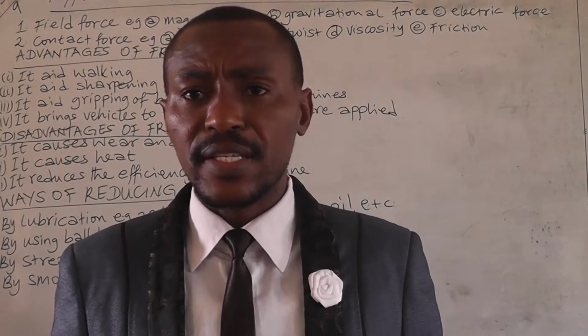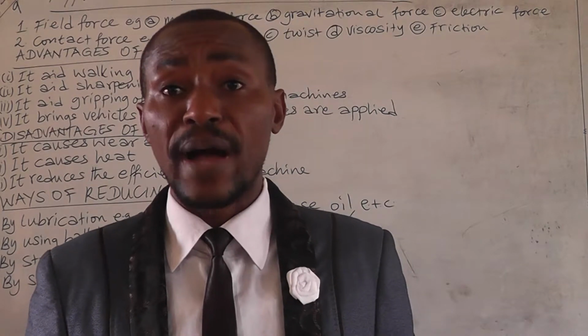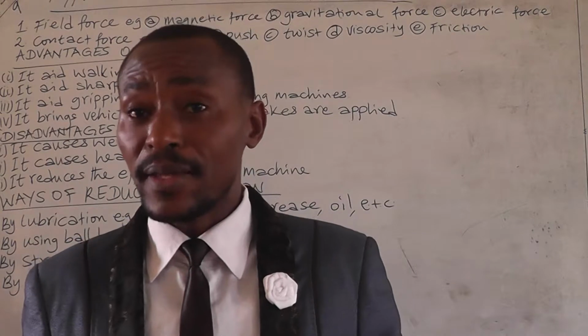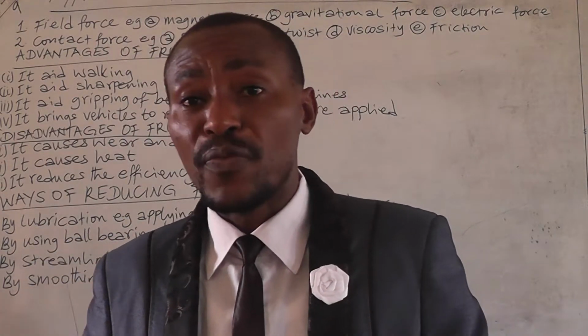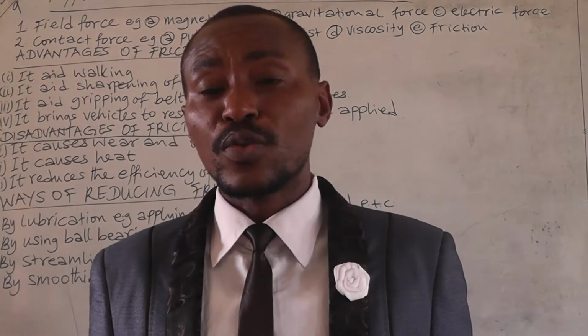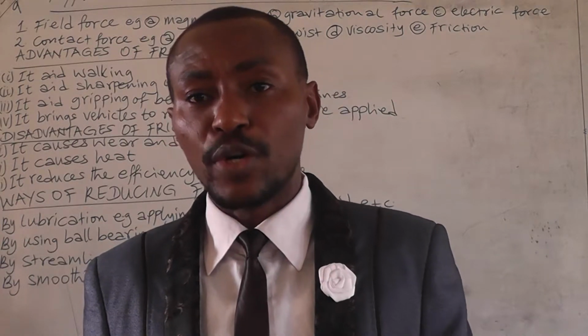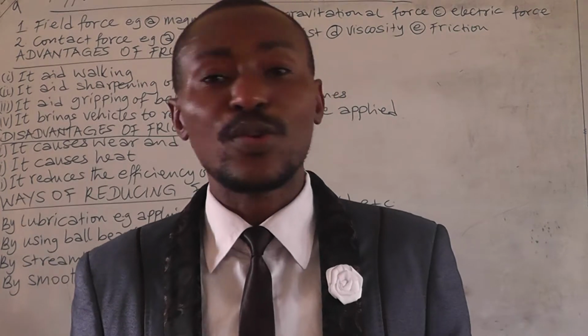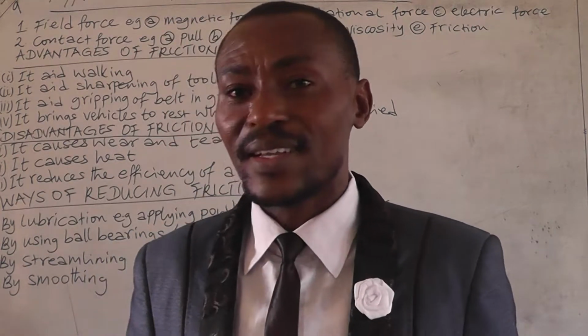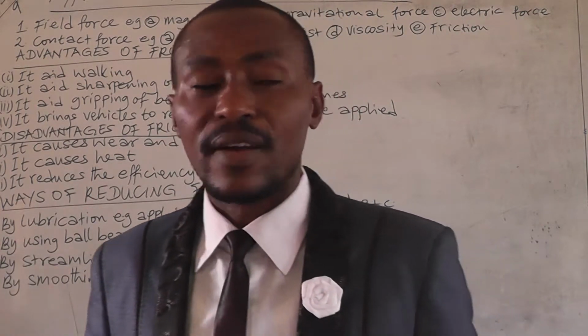The output ability of a machine is reduced by friction. Why? Friction needs to be overcome before parts of the machine will move. So some part of the input power is used to overcome friction, and this friction also leads to heat, like we just saw on the board.